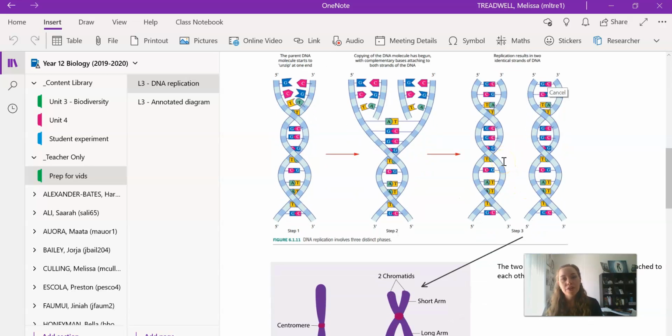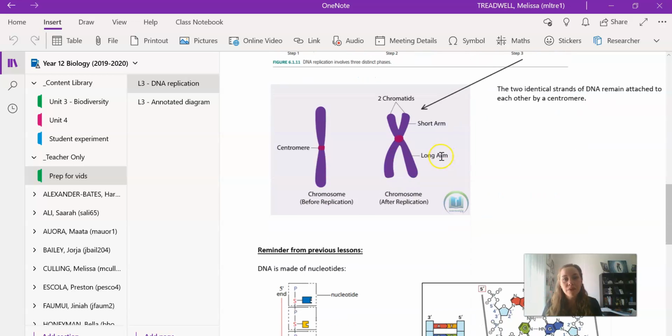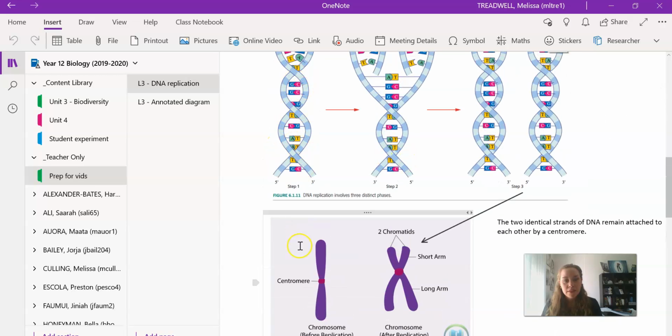Now, it's important to remember that when these two get created, they still remain attached at the centromere. If this is that original DNA strand, just represented in a picture, when it creates its exact copy, it stays attached in the middle at a centromere.